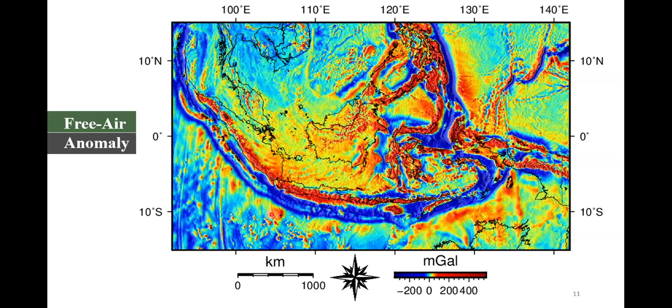As you can see here, these bulges are the flexures of the tectonic plate as it collides with the Sonda plate. And we also can see very clearly the morphology of the subduction zones, as I highlight here.